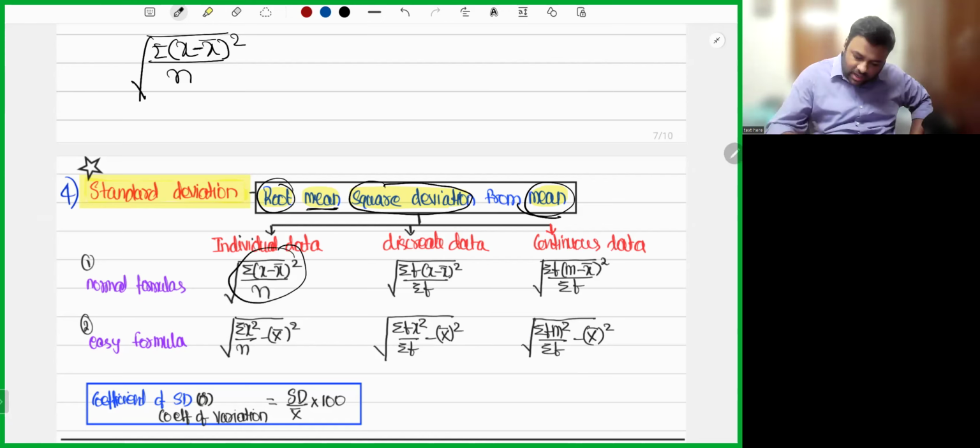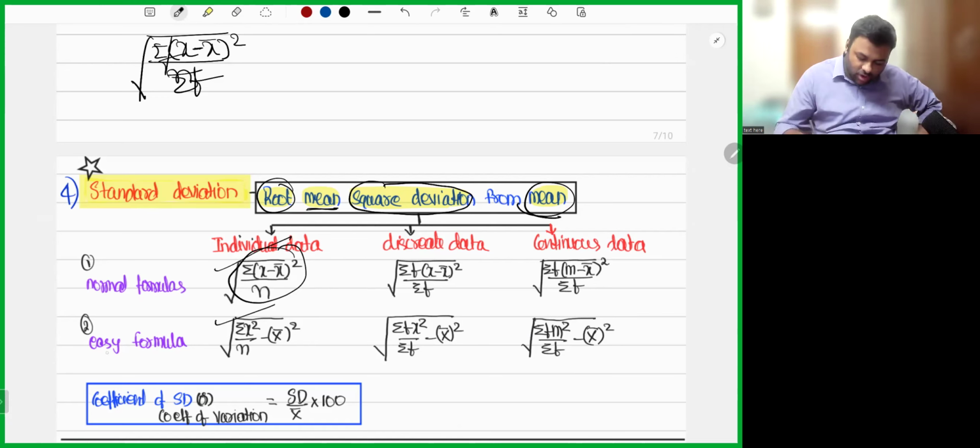In case of discrete data, here I'll introduce f: under root, summation of f into (x minus x bar) whole square by summation of f. In case of continuous data, instead of x, I'll have the mid value. Now, my dear friends, whether you use this formula or this formula, the answer will remain the same.